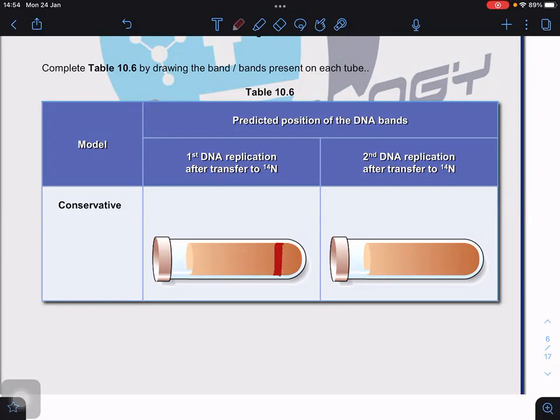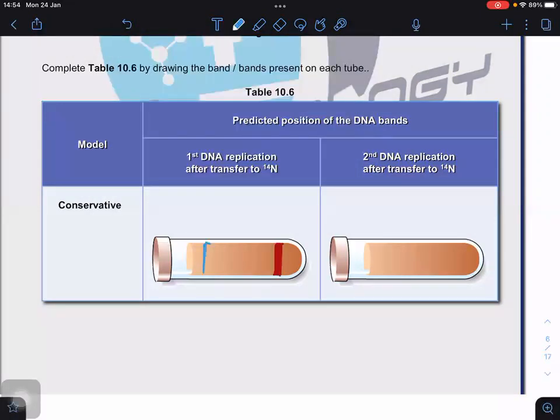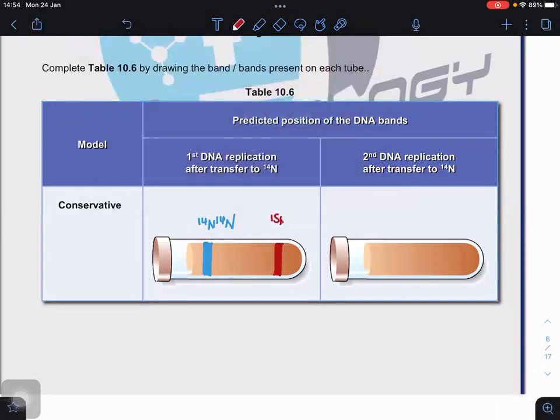Another one band, blue color, at the top. Clear or not? Okay, so they are equal. So this is 14N, 14N, and this one is 15N, 15N.